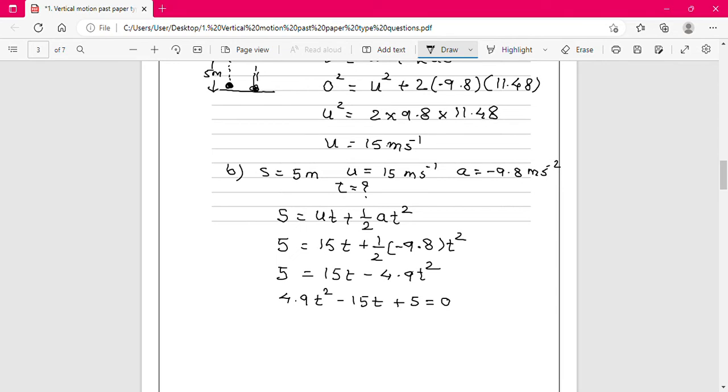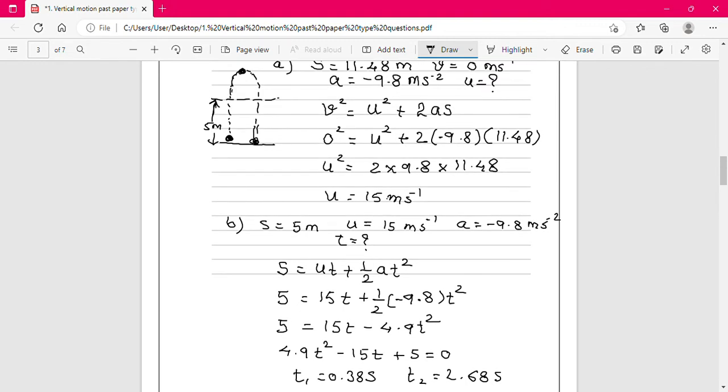If you solve this, you will get two values of t. t1 is 0.38 seconds and t2 as 2.68 seconds. Now see here that both the values are acceptable.